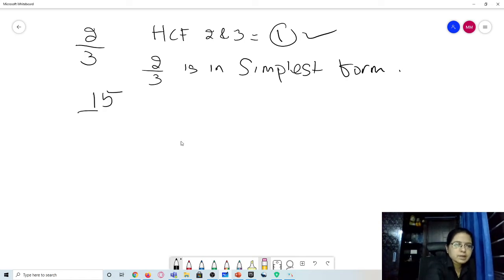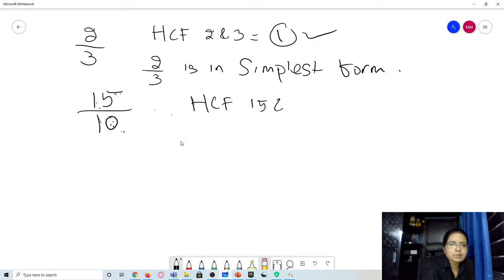Suppose 15 divided by 10. We have to reduce this fraction into simplest form. We have to find the highest common factor of 15 and 10.